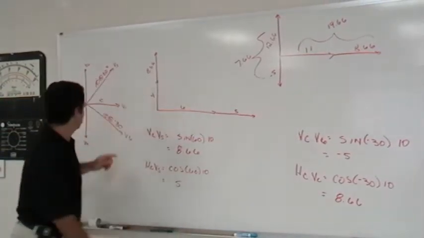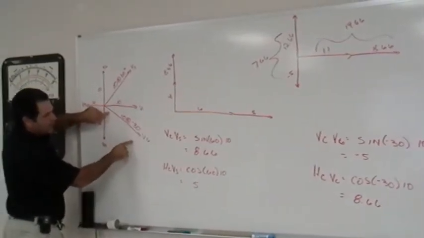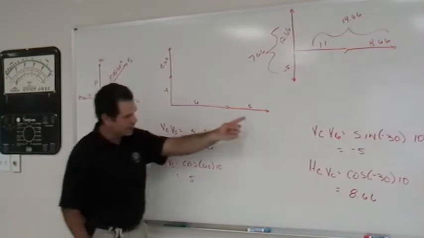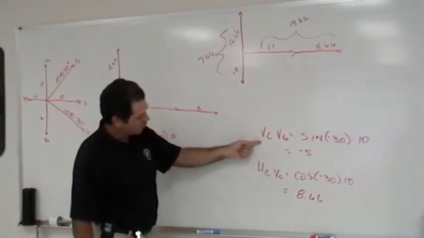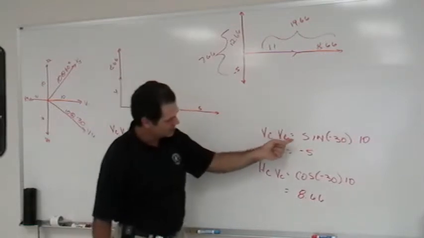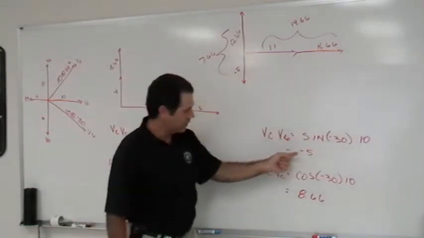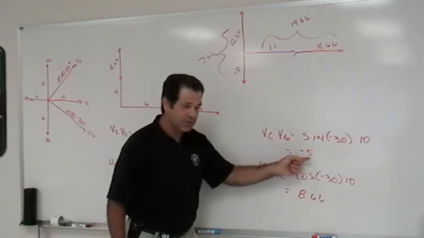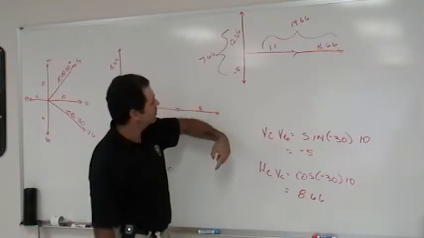So now we have to take this other vector, the 10 at negative 30, and it's the same method. We have to break it down into its vertical and horizontal components. So the vertical component of vector 6 is equal to the sine of negative 30 times 10, which gave us a negative 5. A negative 5 is in a downward direction, into the negative zone.